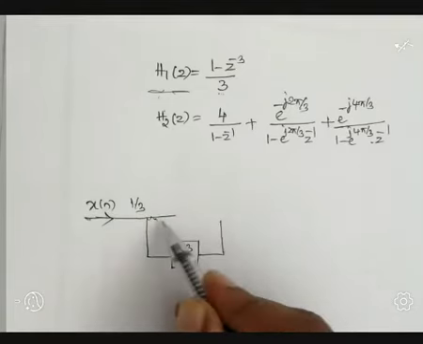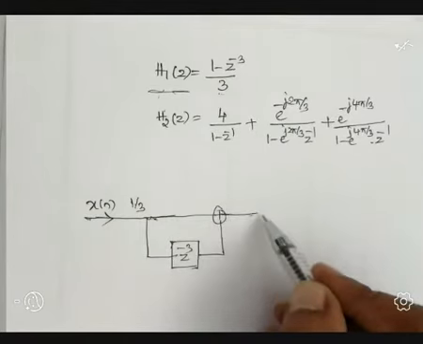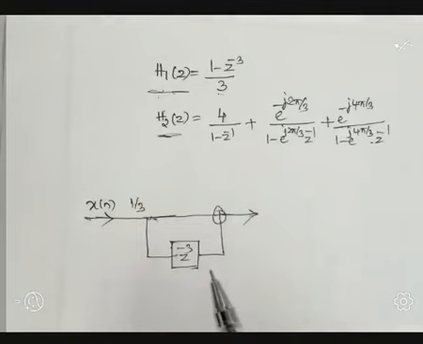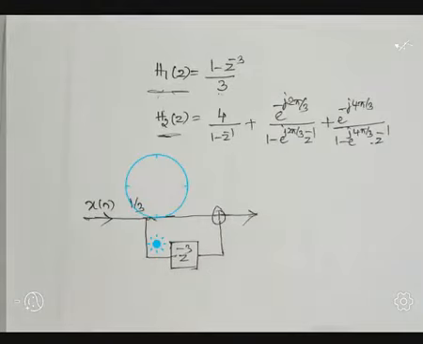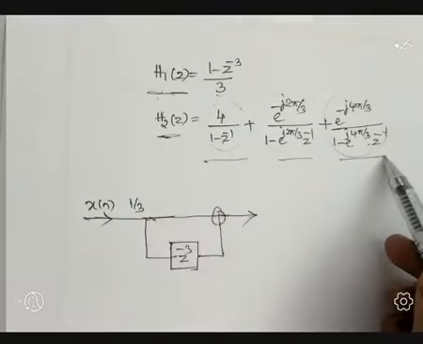Add with the previous operation, that is here, and it is given as an input for the second subsystem function, that is H2 object. So this one you have to realize. First term, all these values are in parallel connections. So we are getting three parts here.